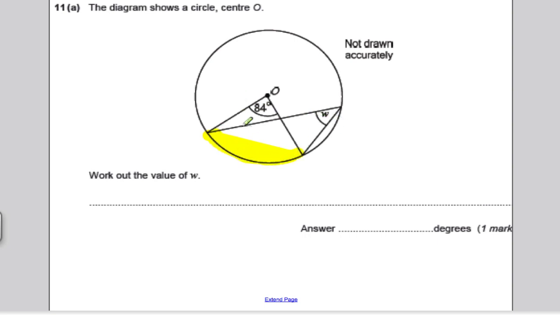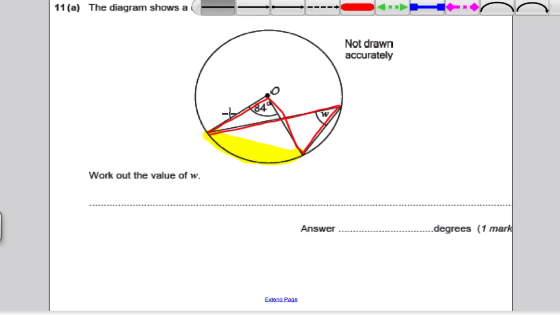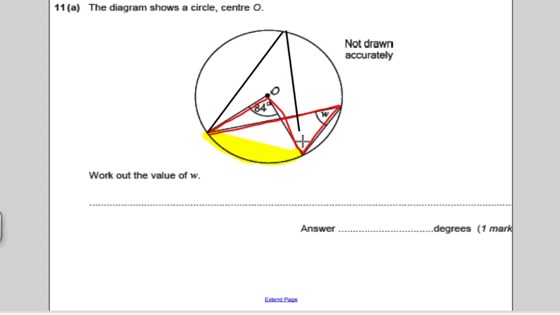They've been tricky here, they've made the angles look quite similar, but really this is rule 1. The angle at centre, 84, is twice the angle at the edge. Usually we see the picture looking something like that and it's more obvious that it would be half, but here they've dragged it out to here to just confuse us.